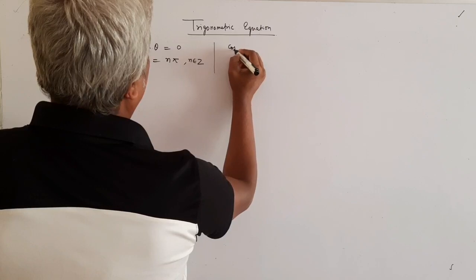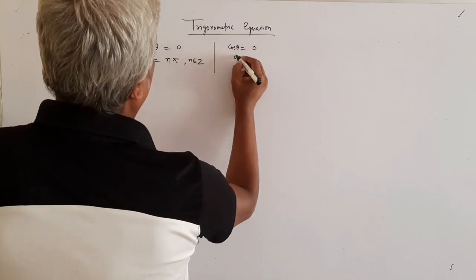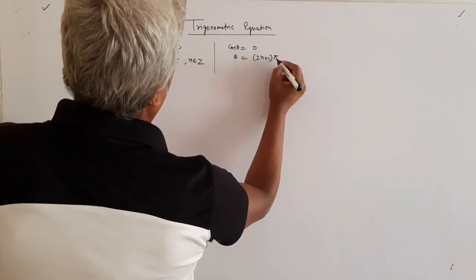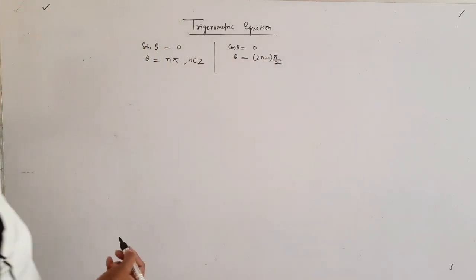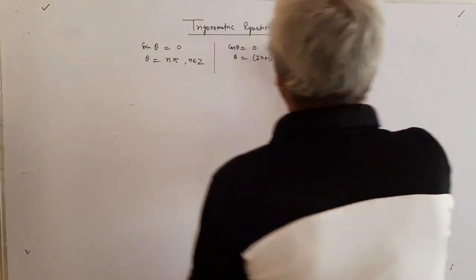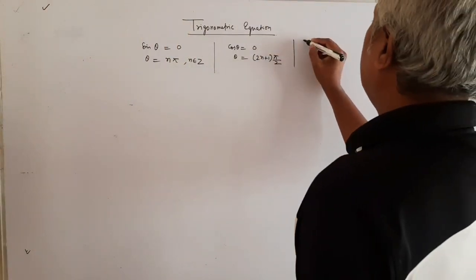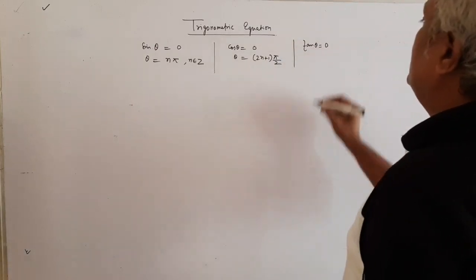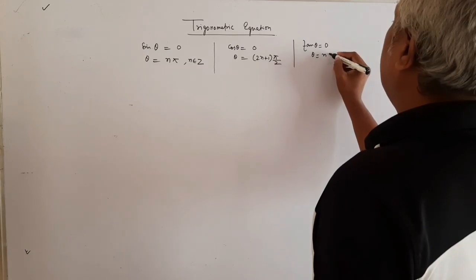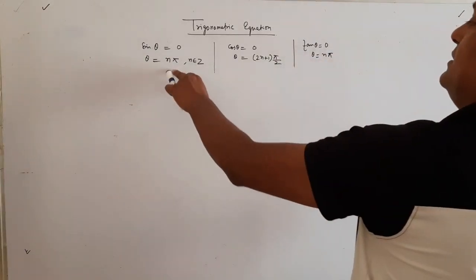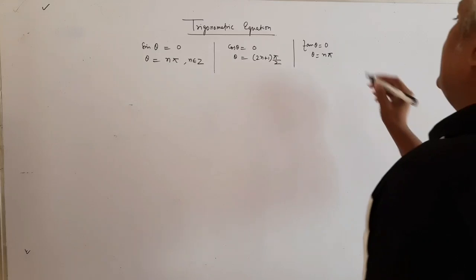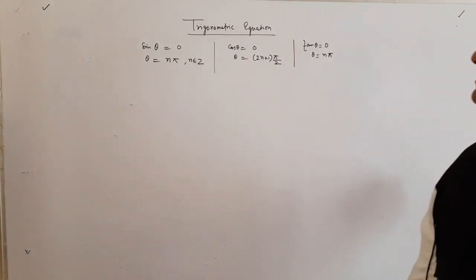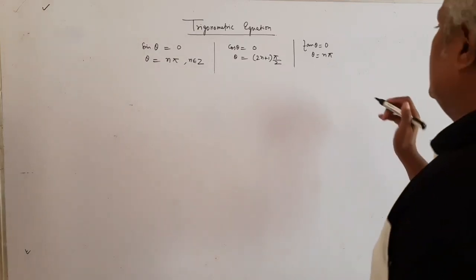Then we had cos theta is 0, then theta is (2n plus 1) pi by 2, and n is again an integer. It's an odd multiple of pi by 2. And for tan theta equals 0, we found that theta is n pi, very much like the sine, because tan theta is sin theta over cos theta, and the numerator should be 0 while the denominator should be a non-zero value. So these three.